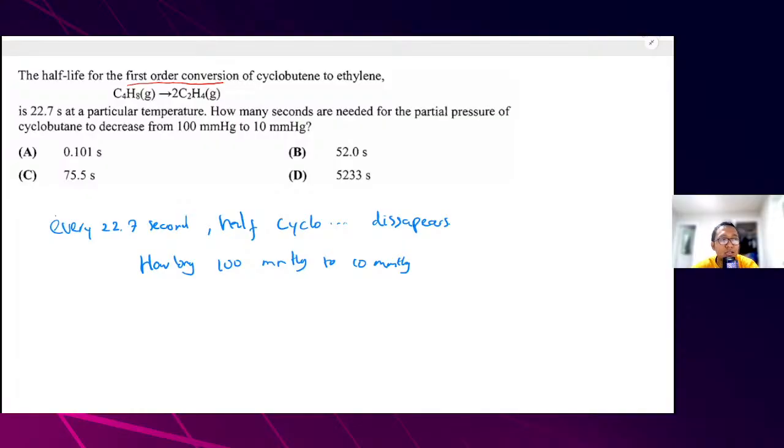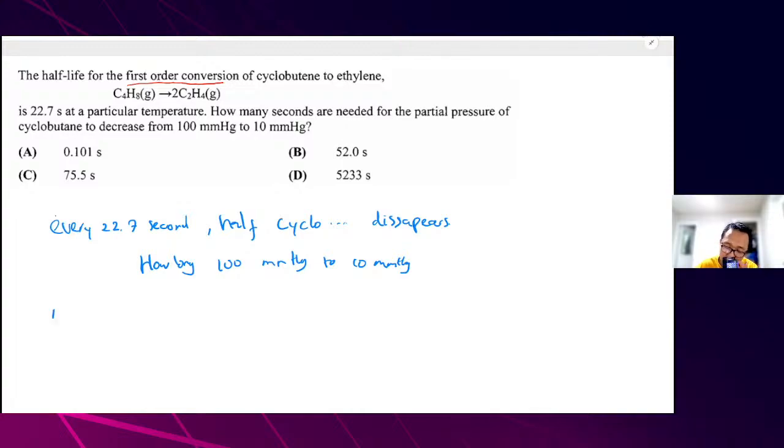But our question doesn't land exactly on one of those nice half-life points. The question is how much the pressure has dropped from 100 to 10. How many times do you have to cut from 100 to get 10?